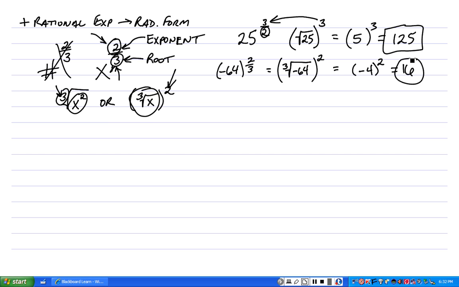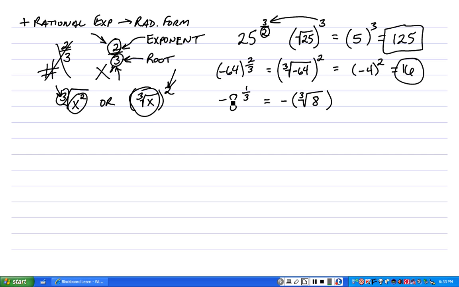But now if I switch gears and write it like this, let's say negative 8 to the 1/3, that's like saying a negative times the cube root of 8, because now the exponent is just next to the 8.